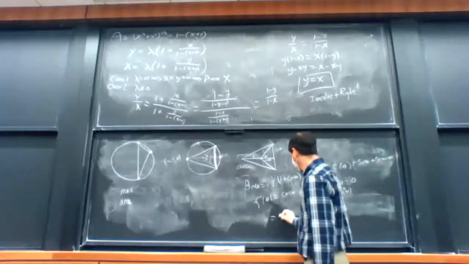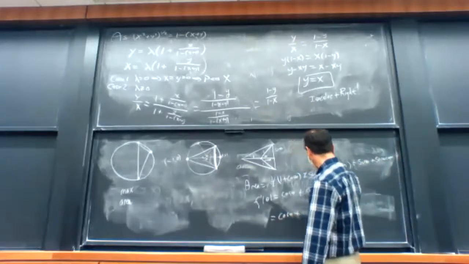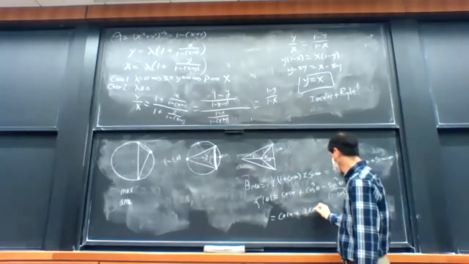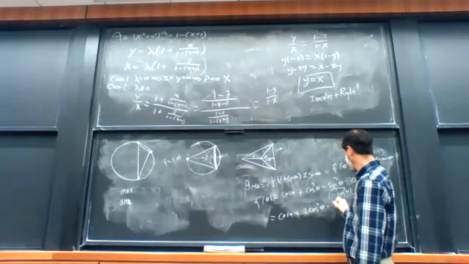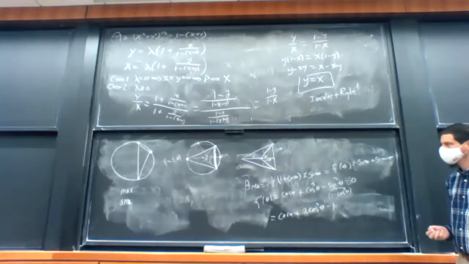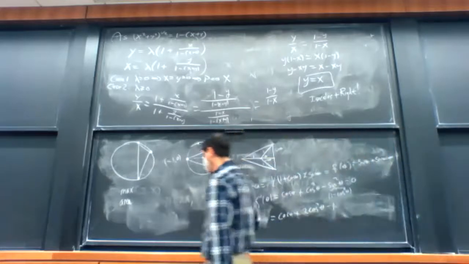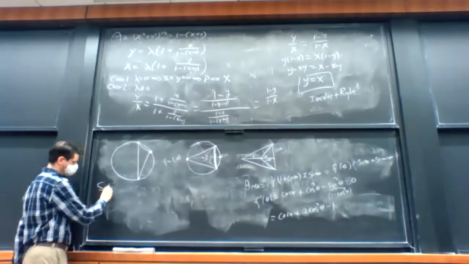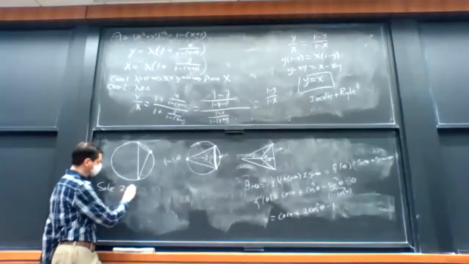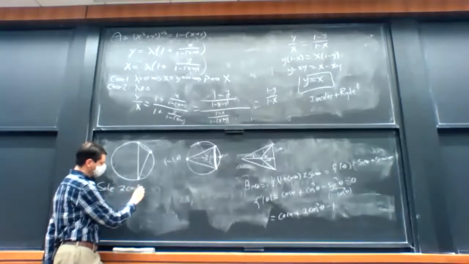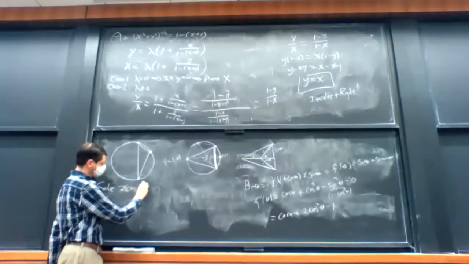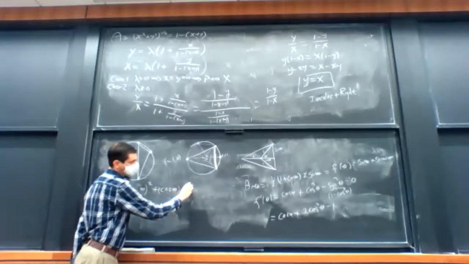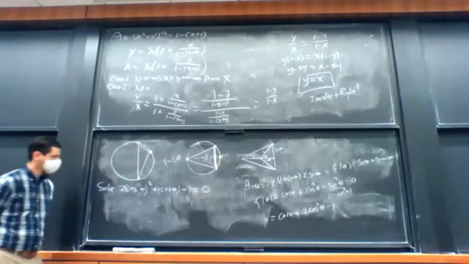So we get cosine theta plus cosine squared theta minus 1 plus cosine squared theta, so it's going to be plus 2 cosine squared theta minus 1. So I want to solve 2 cosine squared theta plus cosine theta minus 1 equals 0.